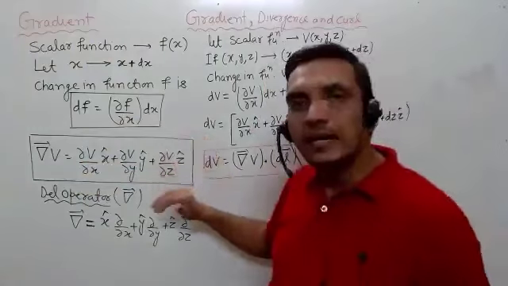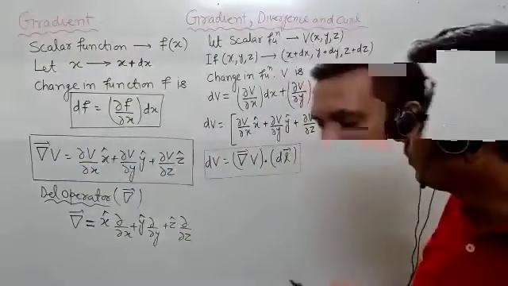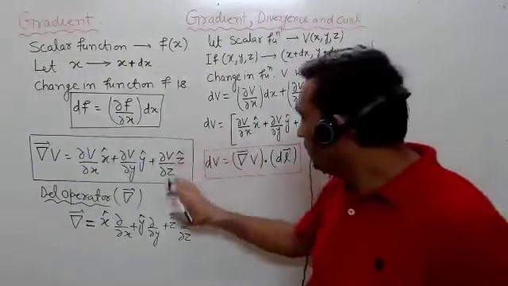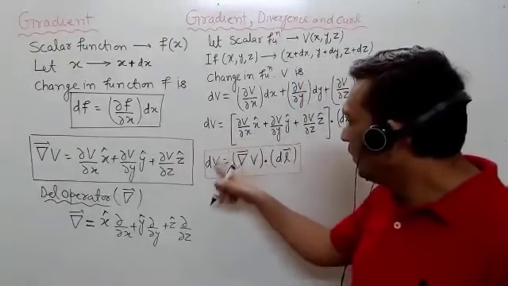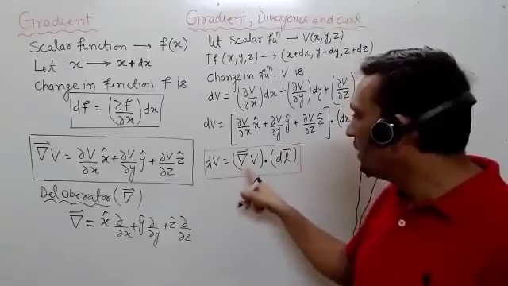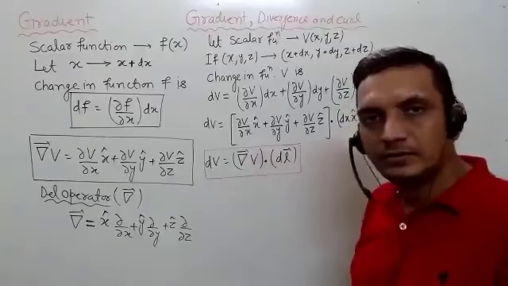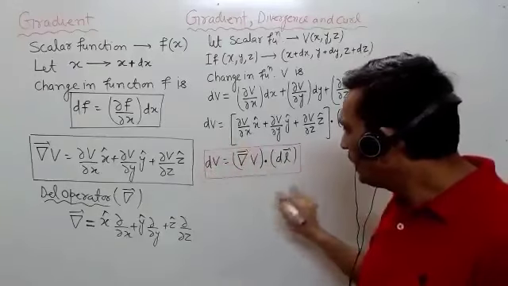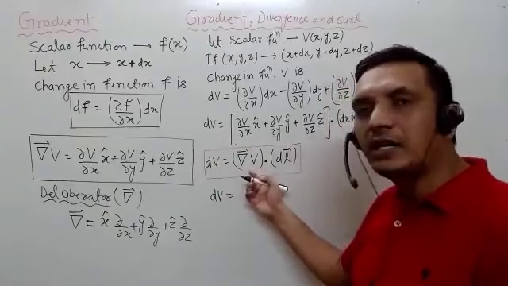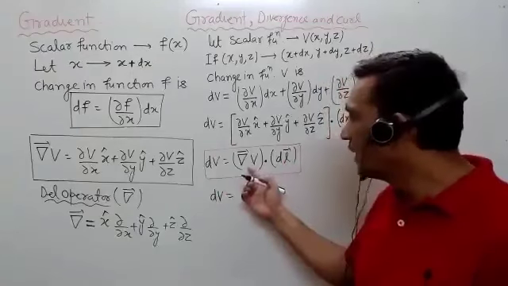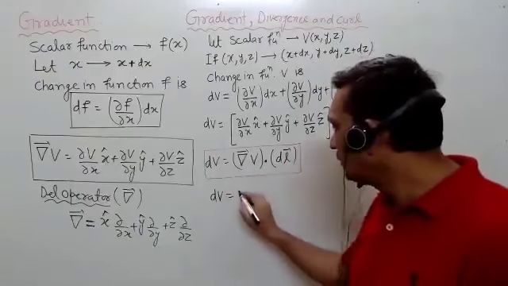Now what does gradient represent? I have written dv as gradient v dot dl. Let us rewrite this as a dot product of two vectors, because gradient v and dl are both vectors with magnitude and direction.